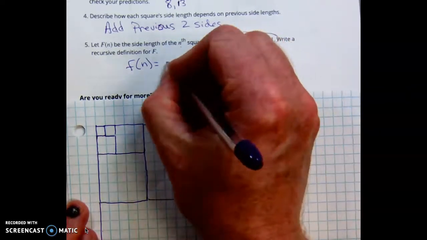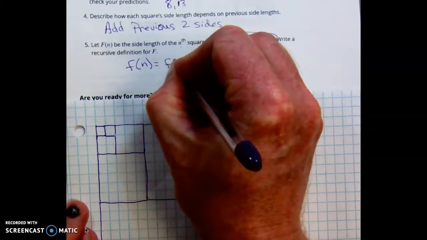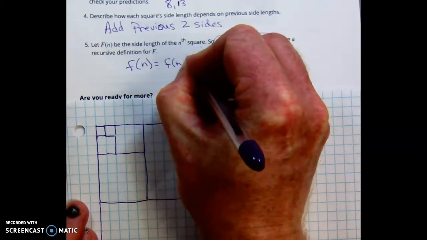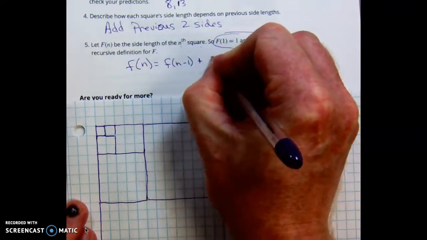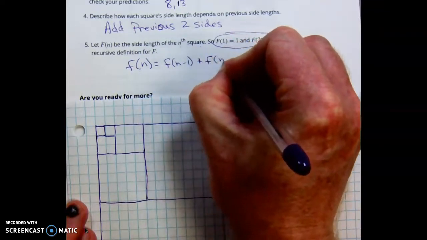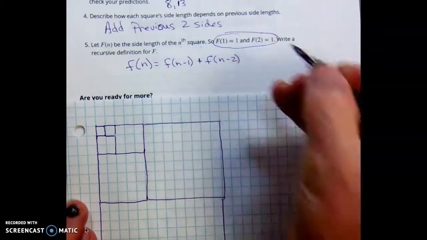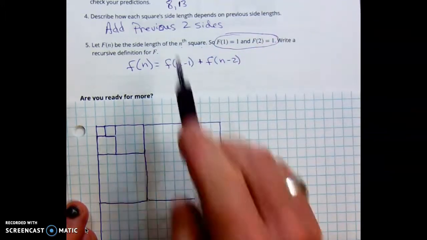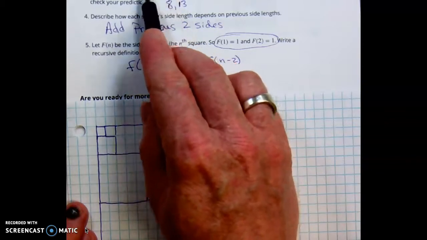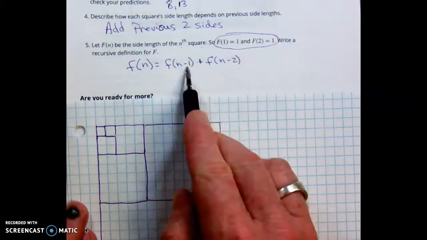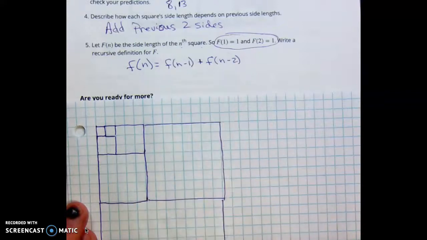So we're going to add f of n minus 1, that's the previous term, plus f of n minus 2, that's the one 2 terms before it. So if I'm looking at the 5, that's adding the 3 and adding the 2. 1 term before and 2 terms before.